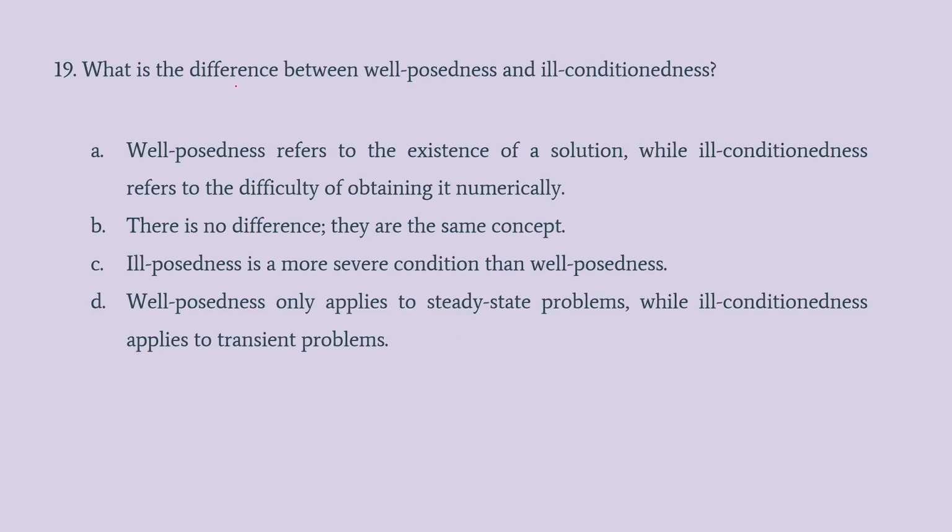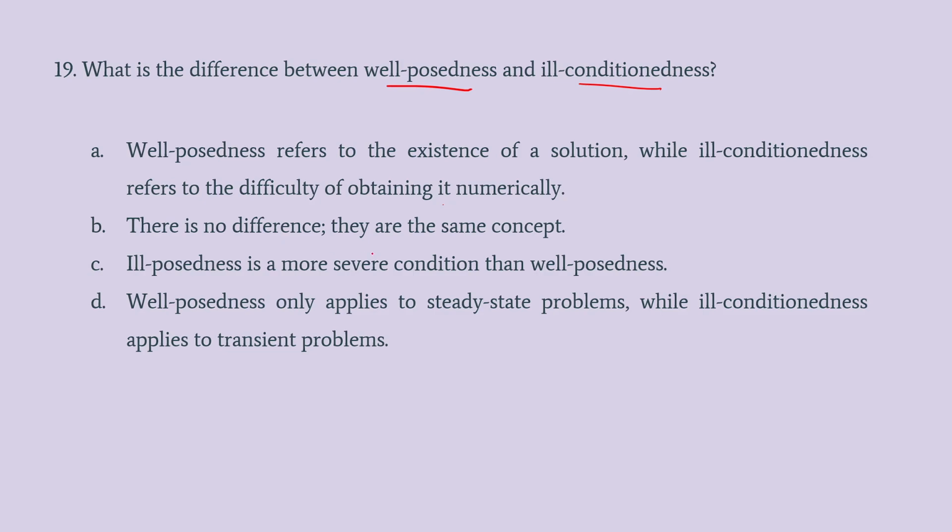Next question is, what is the difference between well-posedness and ill-conditionedness? Options are: Option A, well-posedness refers to the existence of a solution, while ill-conditionedness refers to the difficulty of obtaining it numerically.